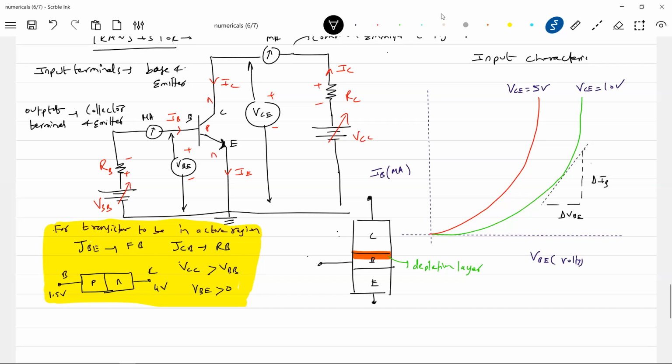The inverse of that slope will give the forward resistance or the input resistance of a transistor, at a fixed value of VC.